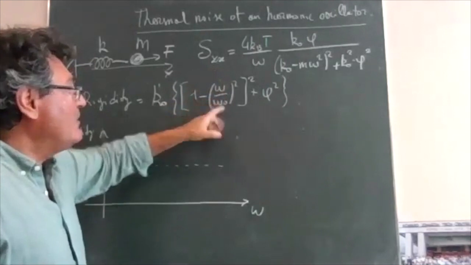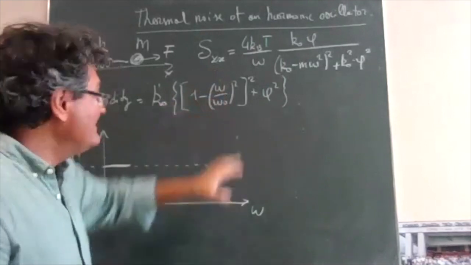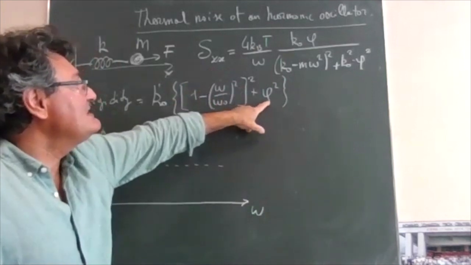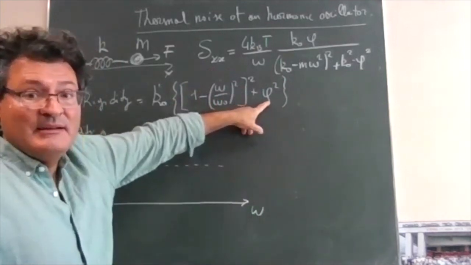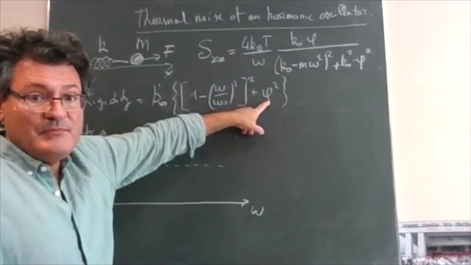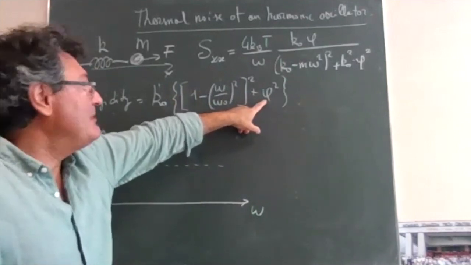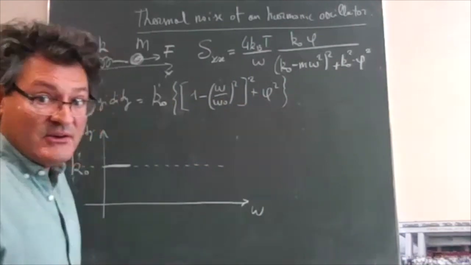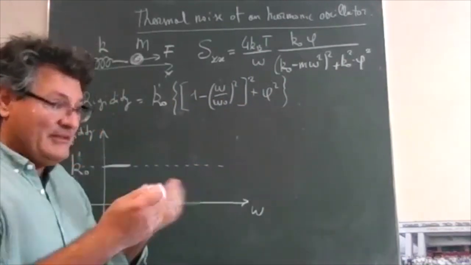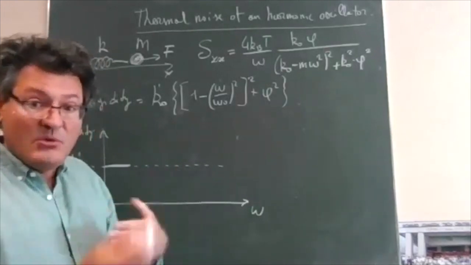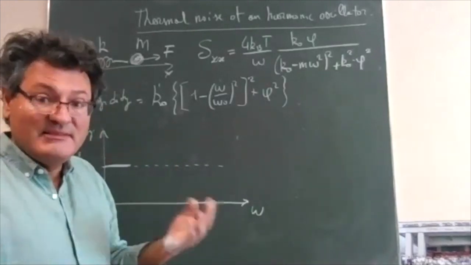When omega is equal to omega naught, this part drops to 0, and the rigidity is only given by the loss angle of the material. At the resonance, the inertia is fully compensated by the elasticity.